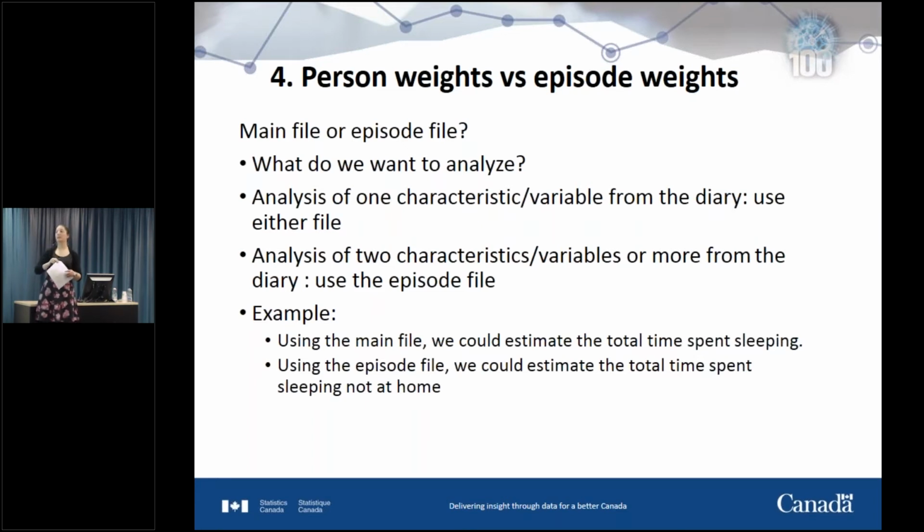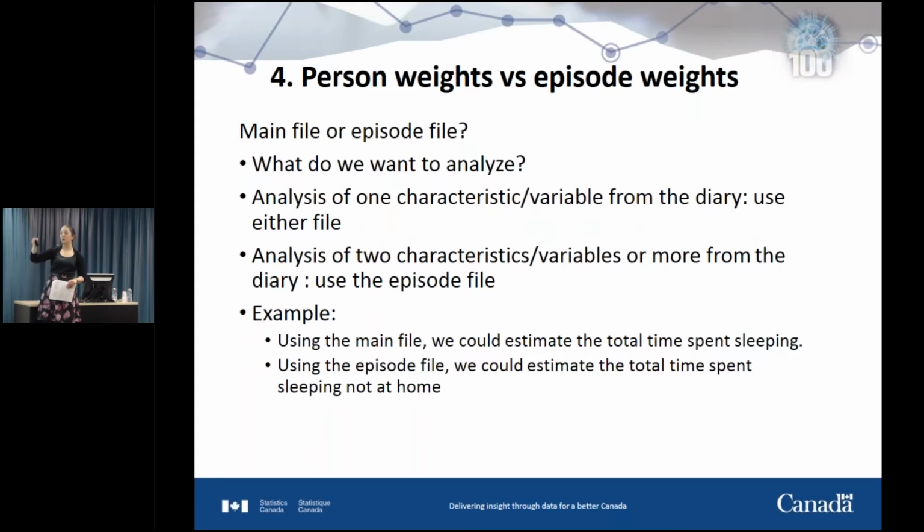So now, which file should we use, main file or the episode file? It depends on what we want to analyze. Do we want to analyze the episode or the person? And also, do we want to look at one characteristic from the diary, or do we want to analyze two characteristics or more from the diary?